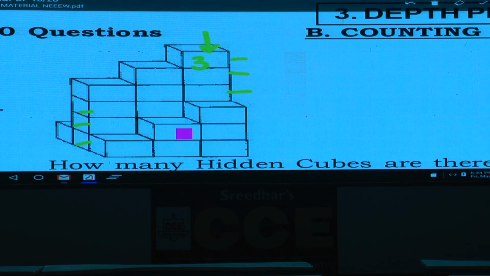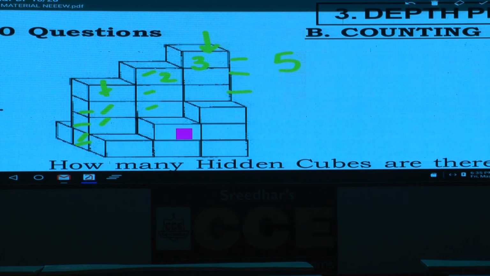Then in this column, how many blocks were there? 1, 2, 3, 4, 5 blocks. Out of which how many were seen? 3 were seen and the remaining 2 were not seen. 3 plus 2, is that right? 3 plus 2 is 5. Then in this block, 1, 2, 3, 4, all 4 are visible or not? All 4 are visible. Hence as of now 3 and 2 are invisible. Hence in total 5 are invisible.